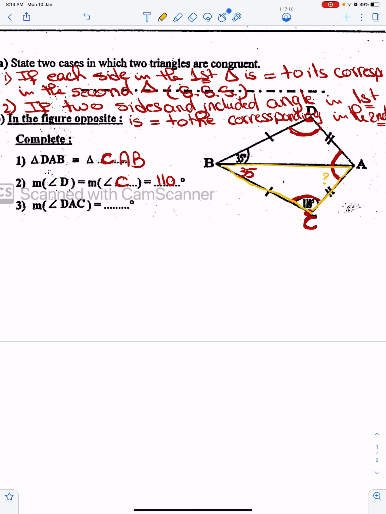I have two angles, 110 and 35. So the third angle is 180 minus 110, which is 70, minus 35. So this angle also is going to be 35. And they are two congruent triangles, so the other angle is going to be 35. So angle DAC is going to be 70 degrees.